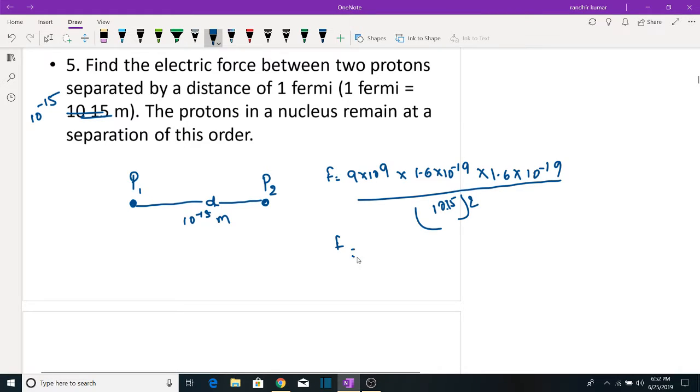Force is equal to 9 into 2.56 into 10, that means 230.4 newtons.